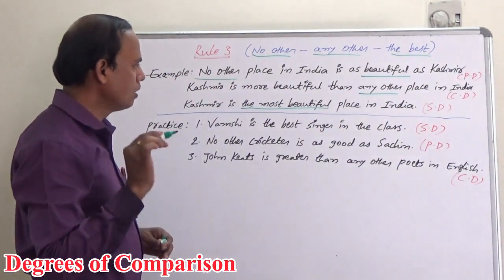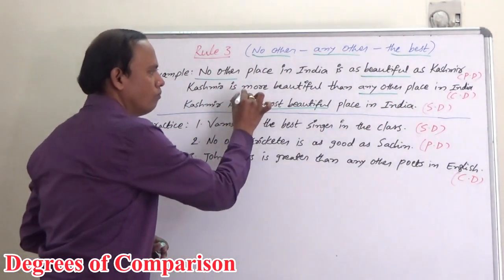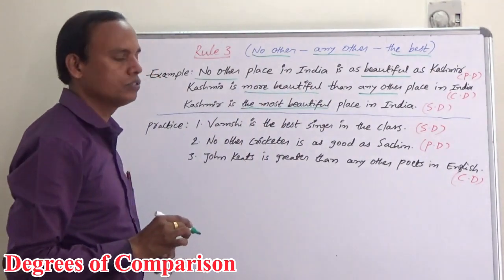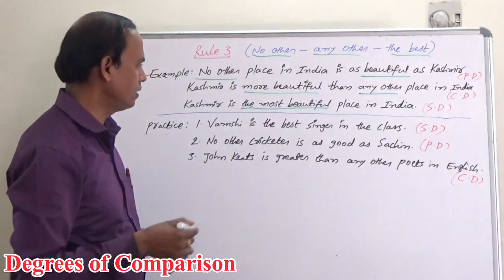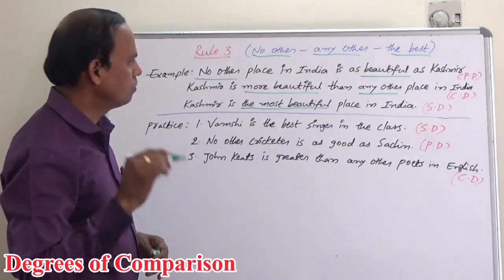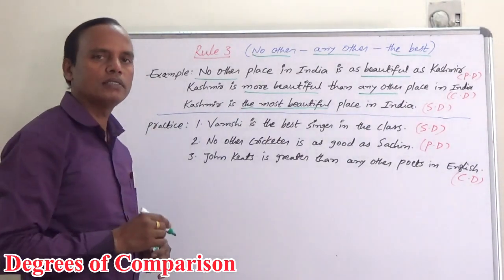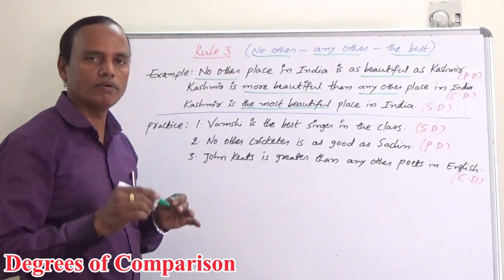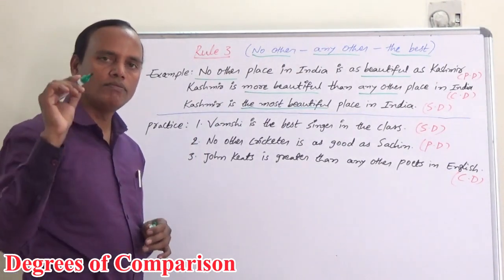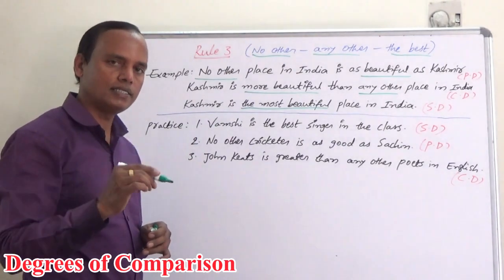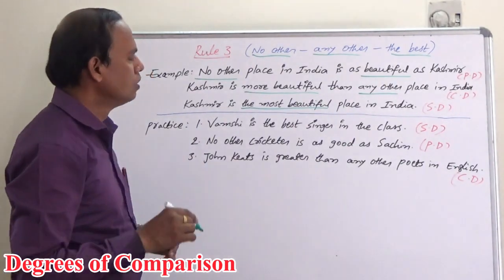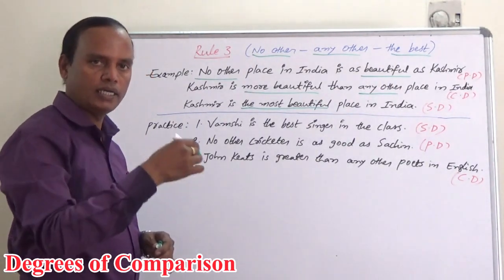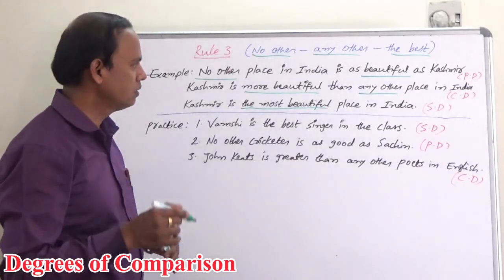Also you can identify "more beautiful", so the sentence is in comparative degree. It is very important to identify which degree the sentence is in, so that you can change from one degree to another.